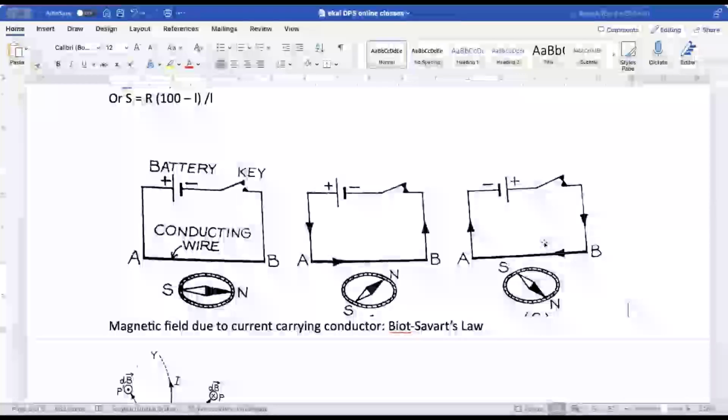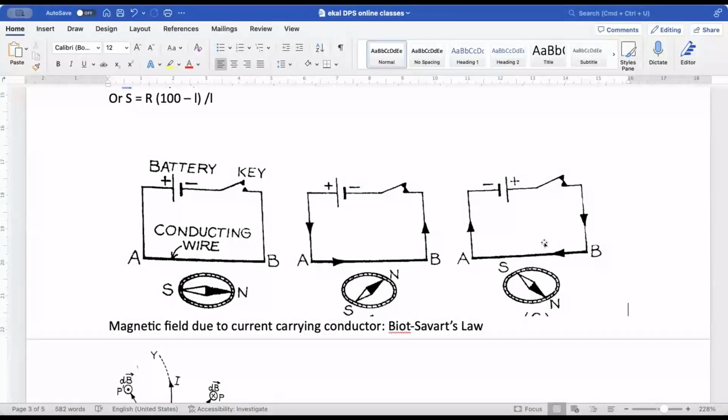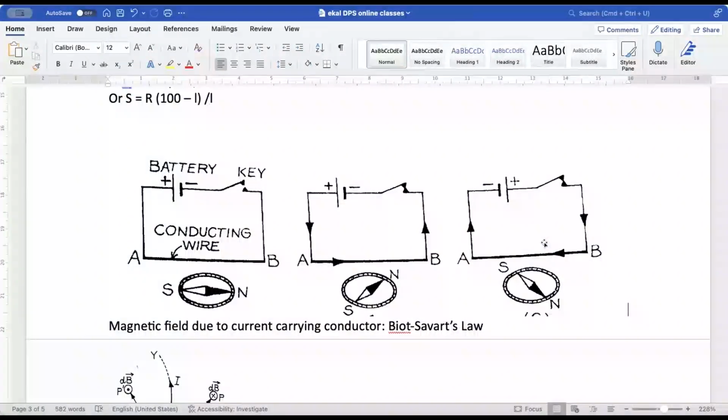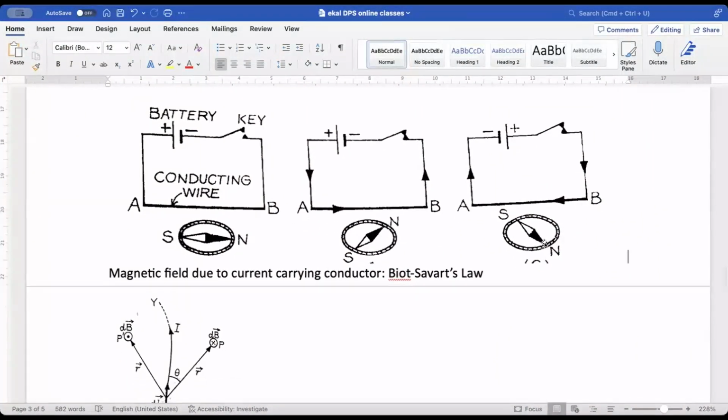And if we bring another moving charge into the magnetic field so produced, the field will exert a force on the moving charge or on the current carrying conductor. Now we are going to see the magnetic field due to a current carrying conductor, which was given by the Biot-Savart law. We'll study the Biot-Savart law.